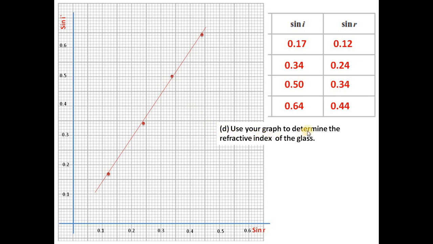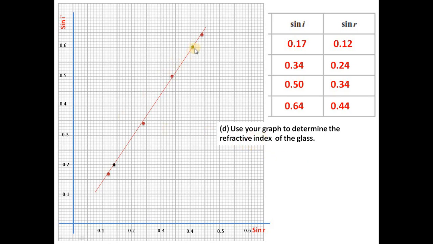Next, part D is use your graph to determine the refractive index of the glass. Again, a typical question, use your graph to determine some quantity, and most of the time this quantity can be found using the gradient of the graph. For the gradient of the graph, you need to choose a large triangle corresponding to 2 points, any 2 points of your choice, and from these points you can calculate the gradient to determine your required quantity.